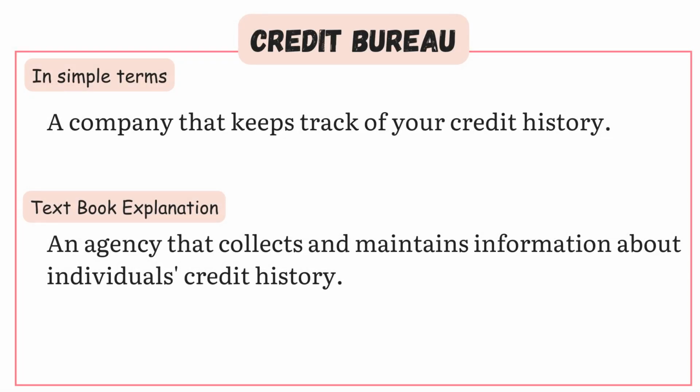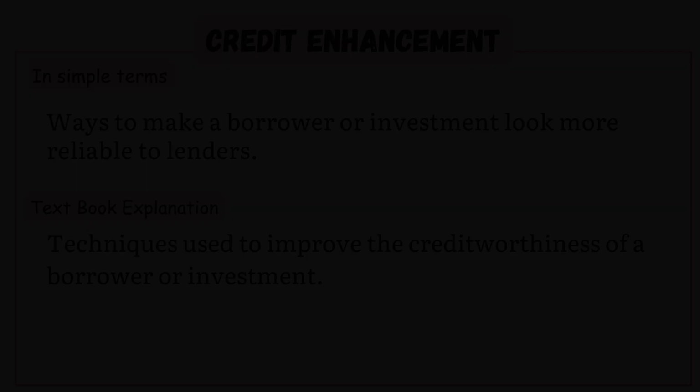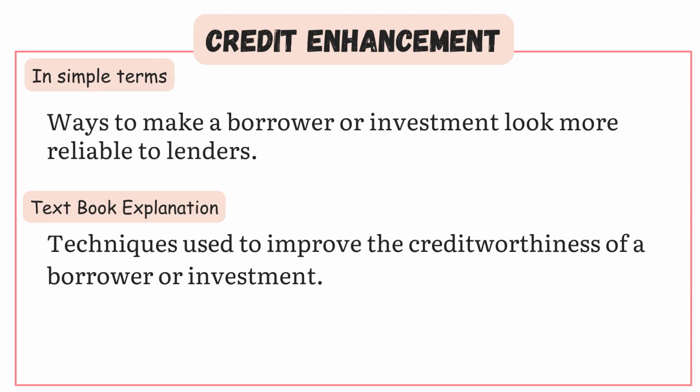Credit bureau. In simple terms, it is a company that keeps track of your credit history. As per textbook definition, credit bureau is an agency that collects and maintains information about individuals' credit history. Credit enhancement. In simple terms, it is ways to make a borrower or investment look more reliable to lenders.